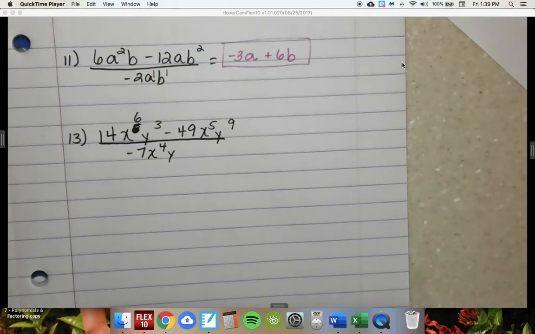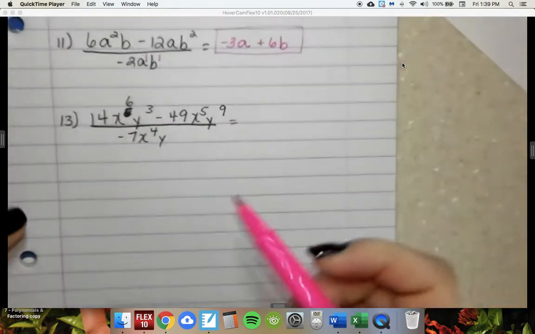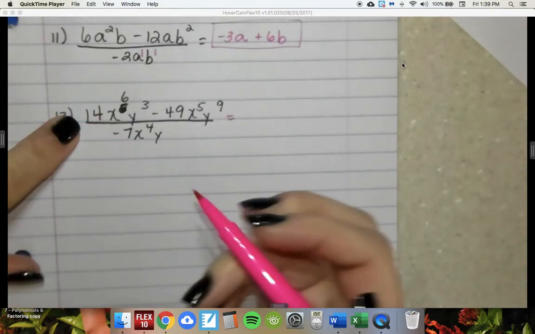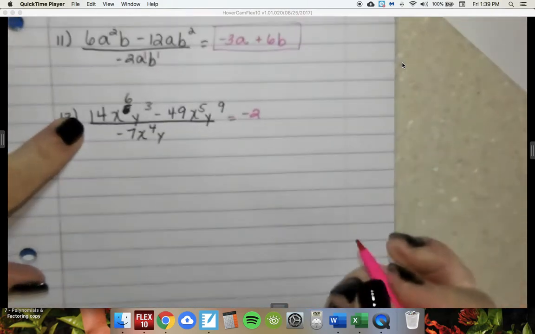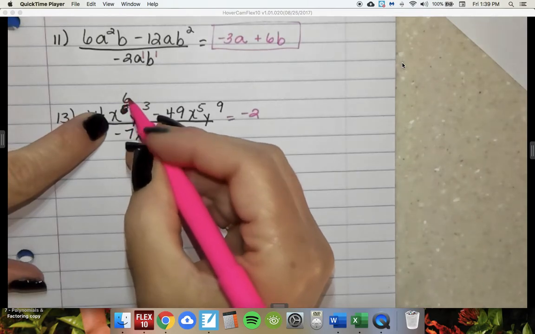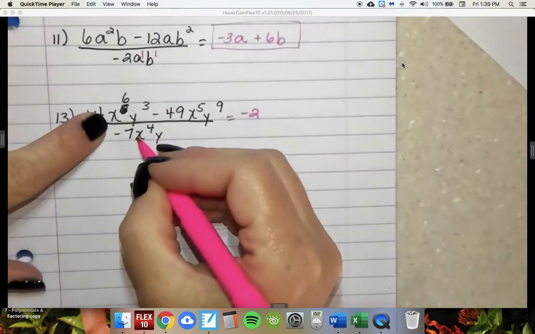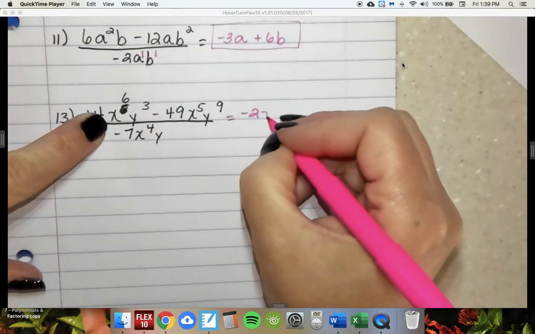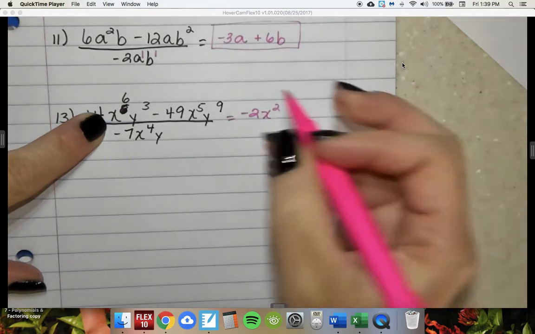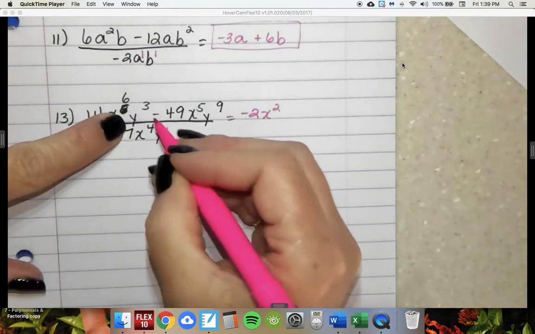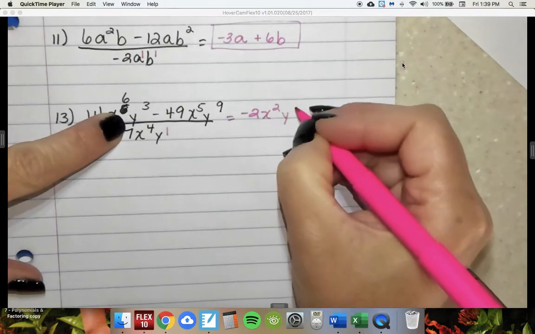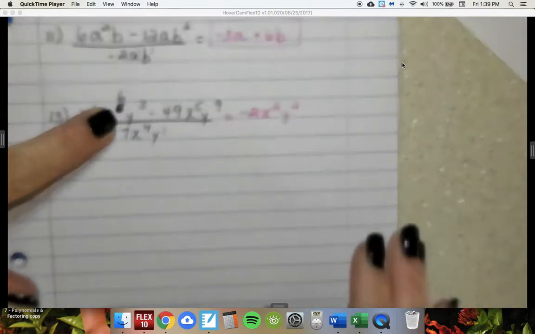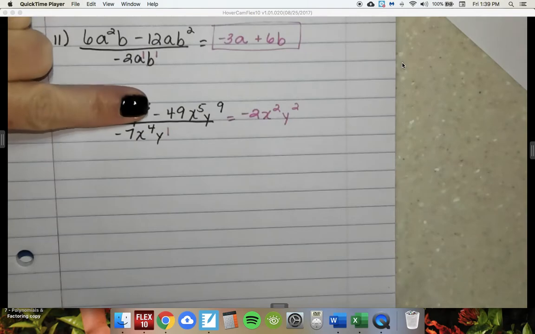We'll only do a few more after this, maybe two more after this. Here we go. Coefficients. A 14 divided by negative 7 is negative 2. X6 upstairs, x4 downstairs. 6 minus 4 is 2, so you have x2 in the numerator. Y3, y1, 3 minus 1 is 2, y2. Move on, cover that guy up.